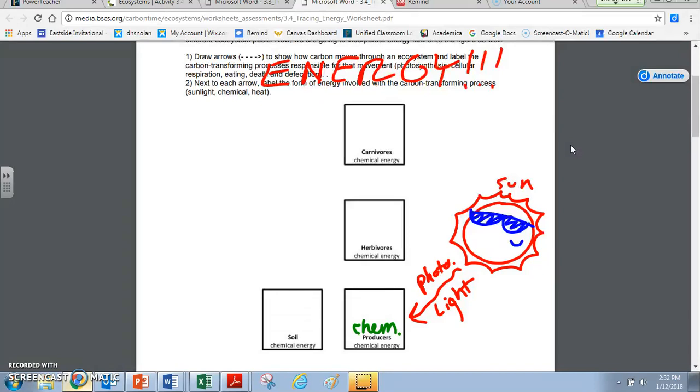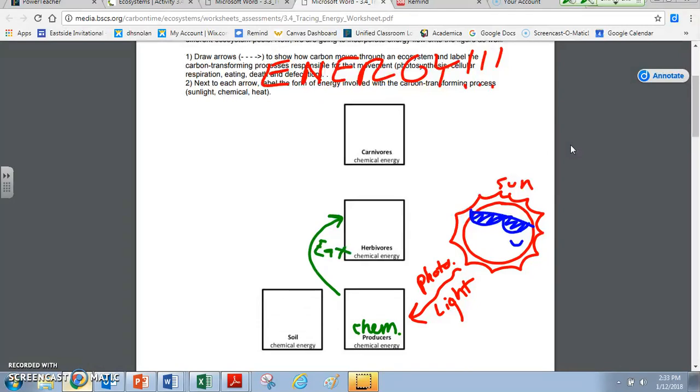So now we have this issue of trying to figure out, where does the chemical energy from the plants go? Let's figure out all the different ways that the energy that is now made in the plants as chemical energy can go. Well, the most obvious answer is that the chemical energy can show up in the herbivores through eating.